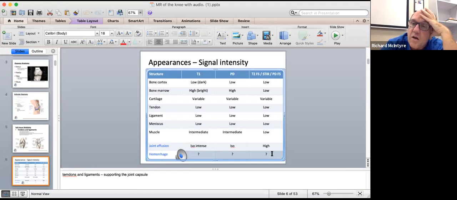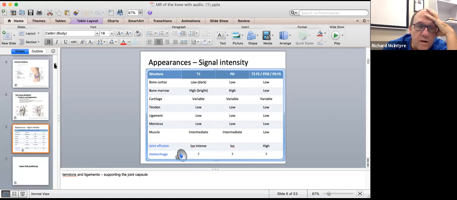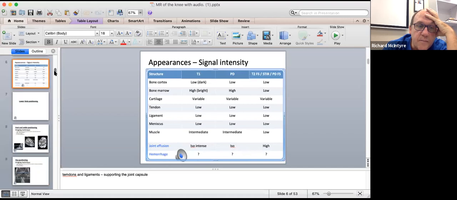We're not going to go into how the signal changes, but it depends on the type of sequence we're doing and the age of the bleed, depending on whether it's hypo, hyper, or iso intense on the different weightings. And that's also the case, even more so, when we're imaging the brain.